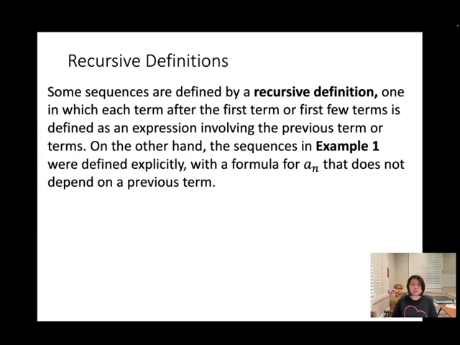Recursive definitions. Some sequences are defined by a recursive definition, one in which each term after the first term or first few terms is defined as an expression involving the previous term or terms. On the other hand, the sequences in example 1 were defined explicitly with a formula for an that does not depend on a previous term.